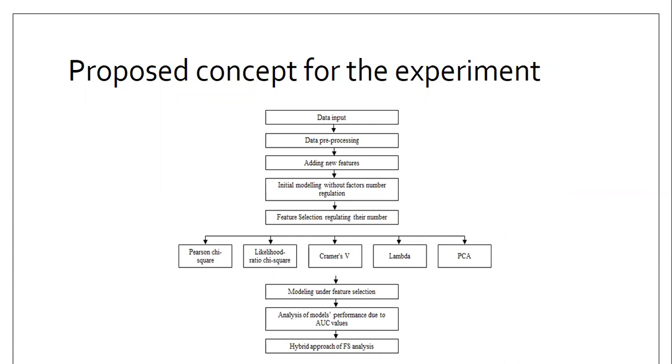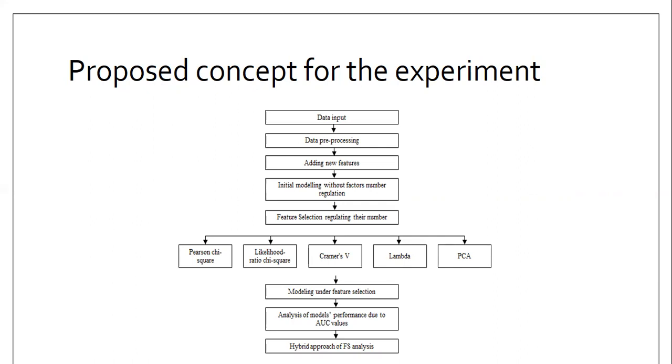Then, to the resulting data set with the initial number of features, we applied modeling methods such as a decision tree, random forest, support vector machine, neural networks, logistic regression, and expert approach. And after this stage, we applied a number of feature selection techniques in order to decrease the number of features and conduct modeling again, but under feature selection.